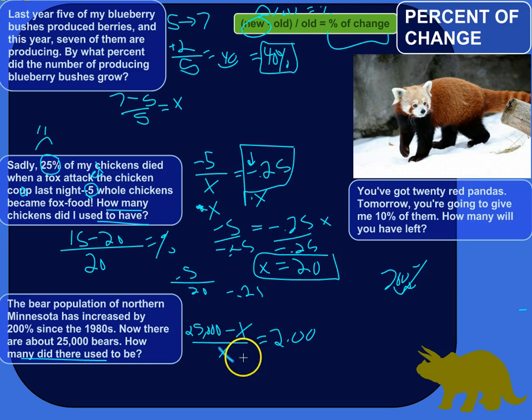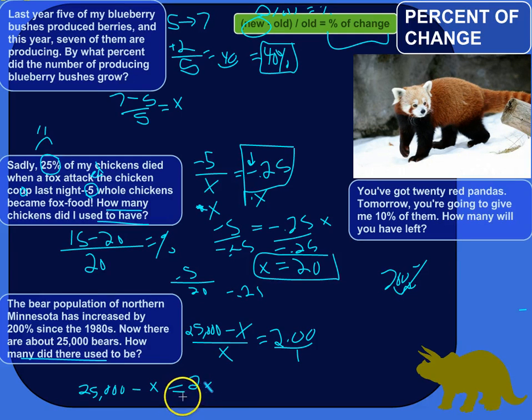And so let's solve it. We could consider this a proportion, just cross multiply. So I've got 25,000 minus x times 1 is just 25,000 minus x equals 2 times x.